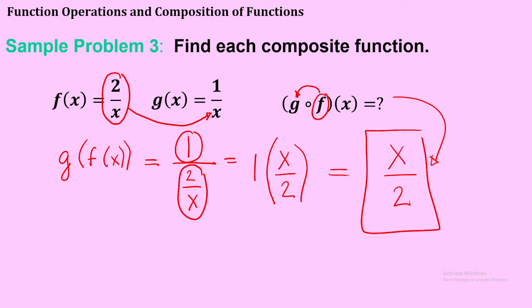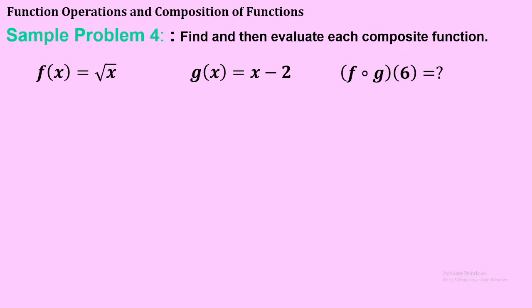Okay, let's have more examples. Number 4. So as you can see, we have a value here. Let's consider first the composition. Don't substitute the 6 right away. Get the composition first. Therefore, G is substituted into F. So what will happen here?